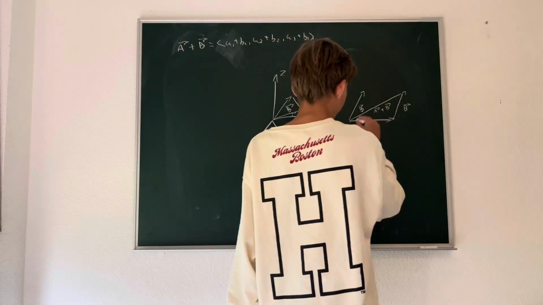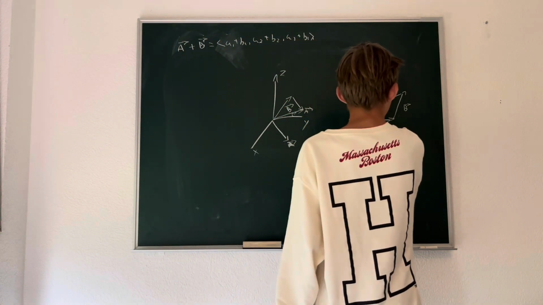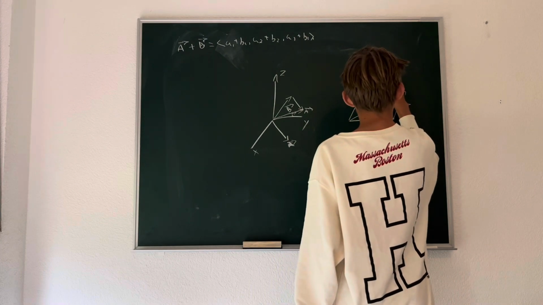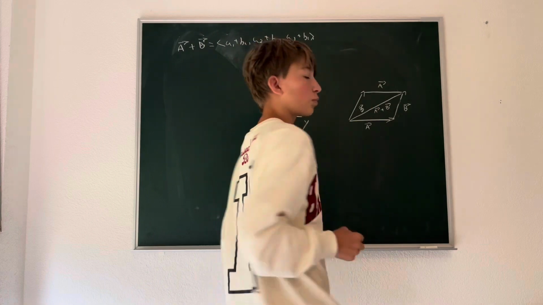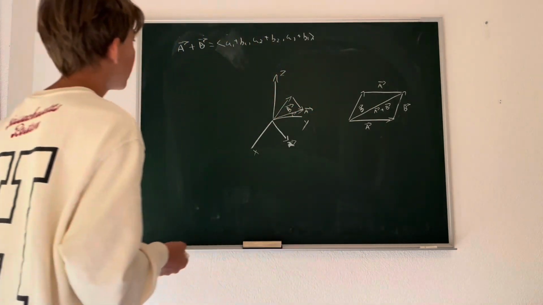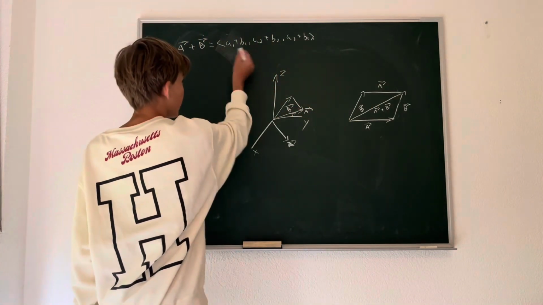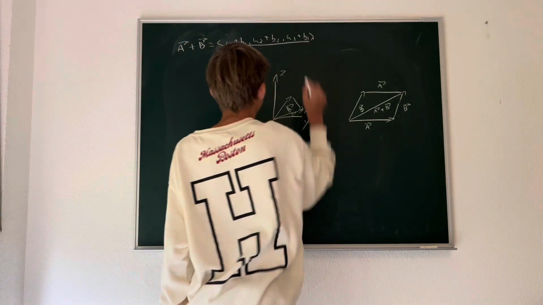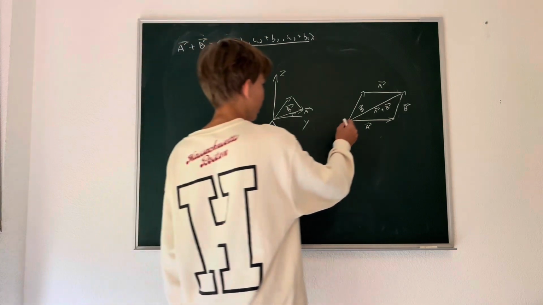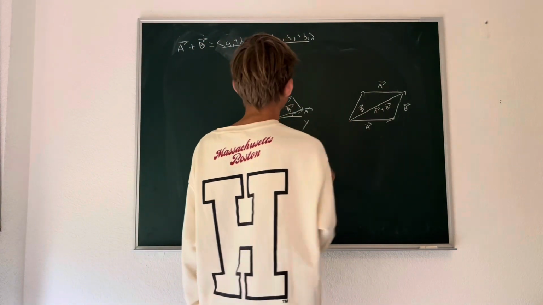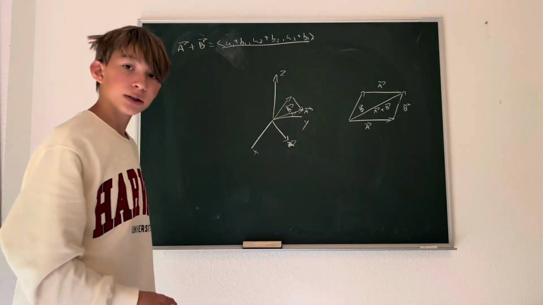So we put vector A on the tip of B and we get the same result. So how we can compute this is we sum up the components of the vectors and then we get the respective resultant vector in the X, Y, and Z direction.